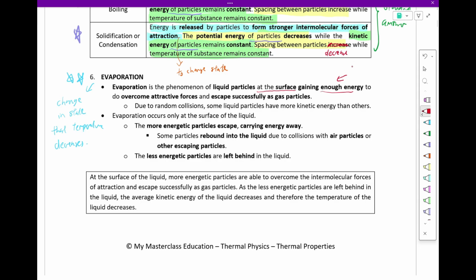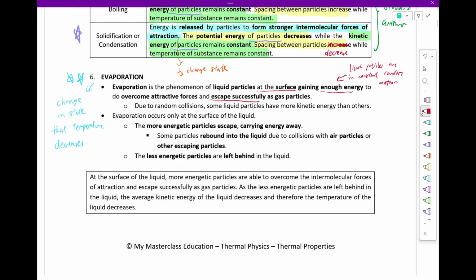It's from the particle theory, because remember, your liquid particles are in constant random motion. Because they're in constant random motion, it is possible that at a certain point in time, some particles have more energy than the rest. Because of this, they can overcome their intermolecular forces of attraction, and number one, they must escape successfully.